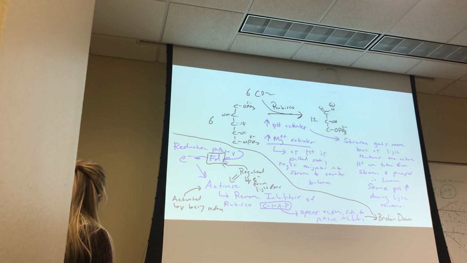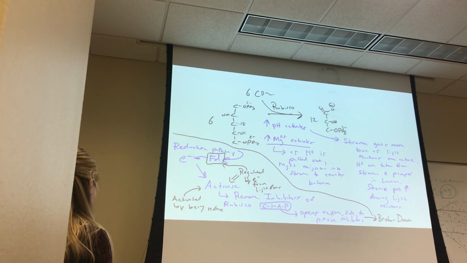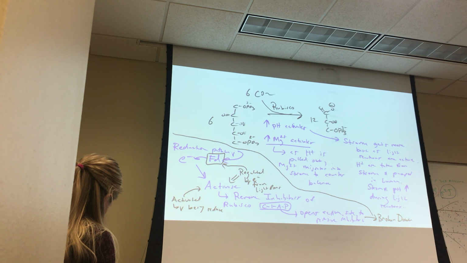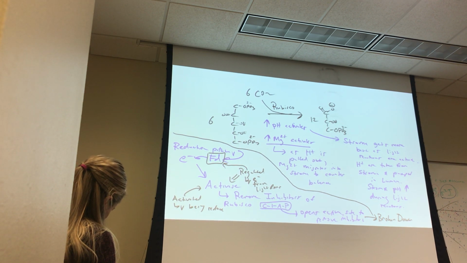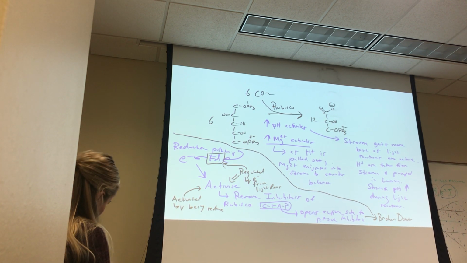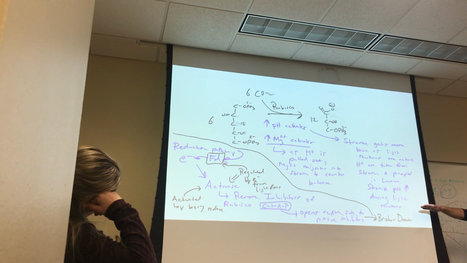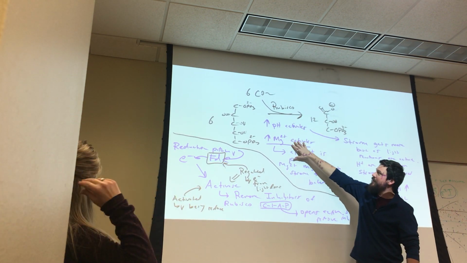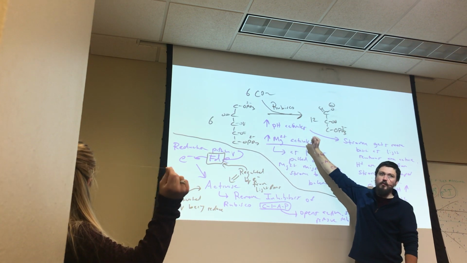So this one actually gets dephosphorylated, and it can't act as an inhibitor anymore. So that's how that whole process is regulated. So it doesn't require the light reactions to do anything except provide those precursors, but it's stimulated by the light because it influences all the chemical environment that's necessary to make Rubisco more active.